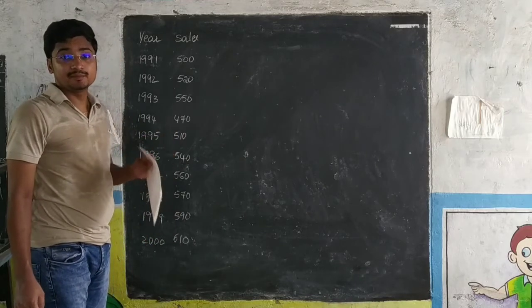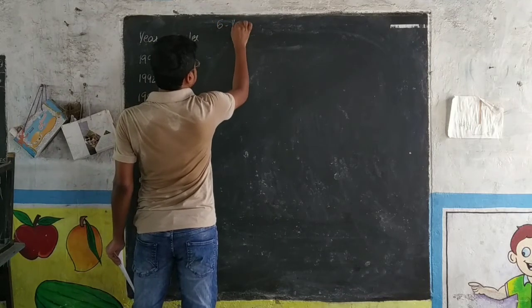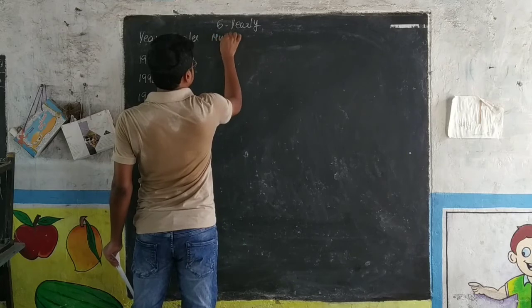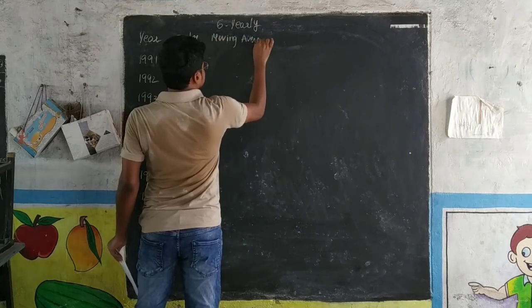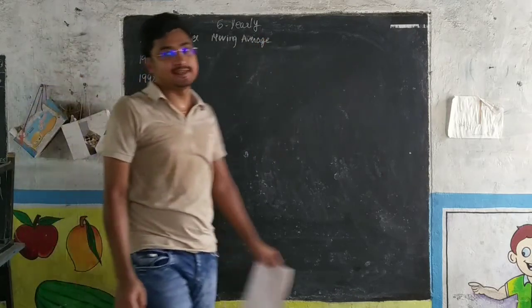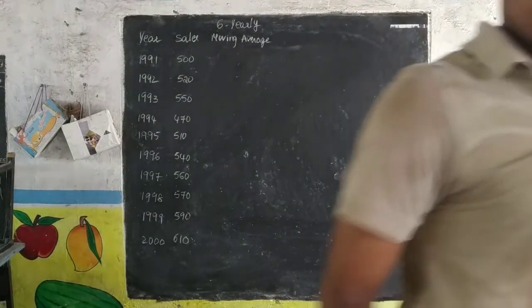6-yearly moving average is the average of 6 years sales.